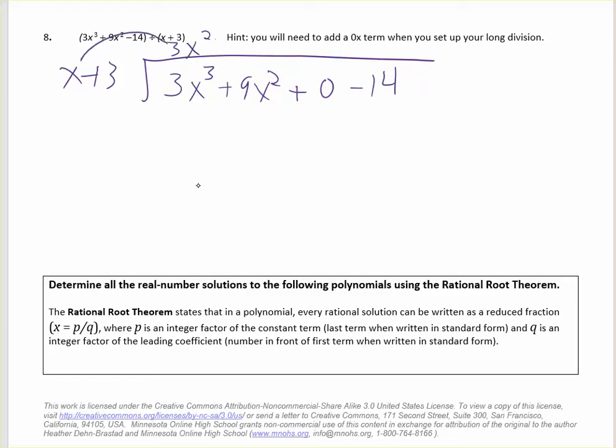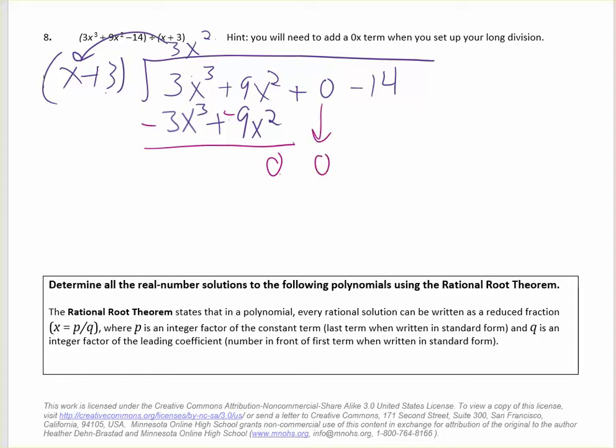And then you multiply back. So 3x squared times x would be 3x to the third. 3x squared times 3 is 9x squared. So when I subtract, that means change the sign of both of these, I don't have anything. I have 0. 9x squared minus 9x squared is 0. 3x to the third minus 3x to the third is 0. And I bring my next term down, that's also 0. So the next term here is going to be 0.